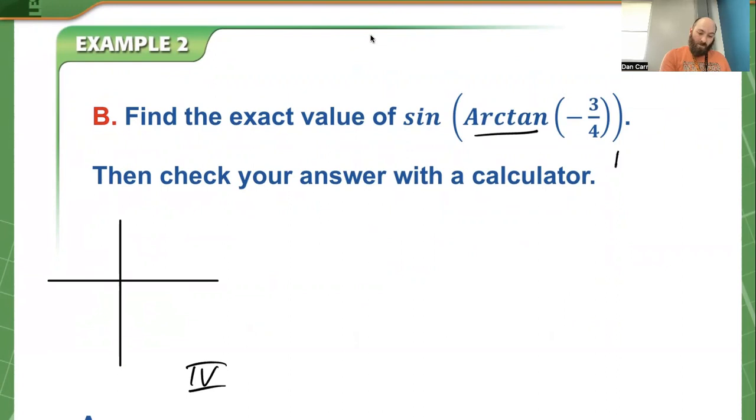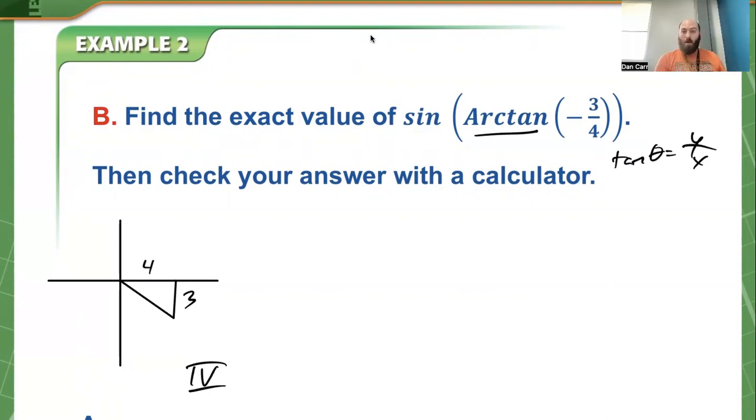So with tangent, remember tangent of theta is equal to y over x. Okay, so that means the tangent of theta is -3/4. I'm going to go opposite over hypotenuse, or sorry, opposite over adjacent, my bad. So it'll be something like this, which is roughly right there. Okay, so the y is going to be 3 and the x is going to be 4.